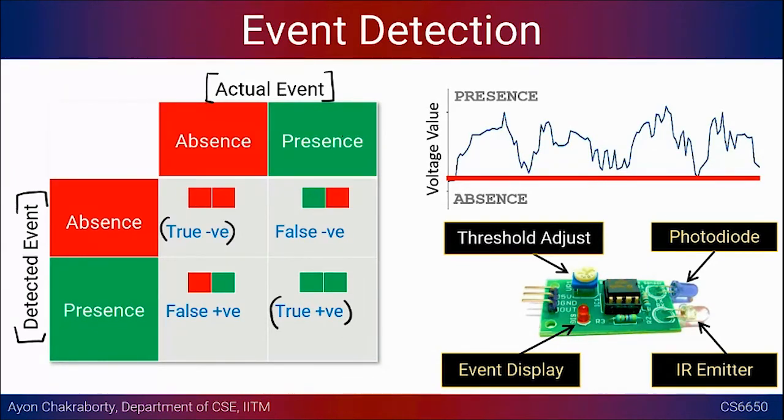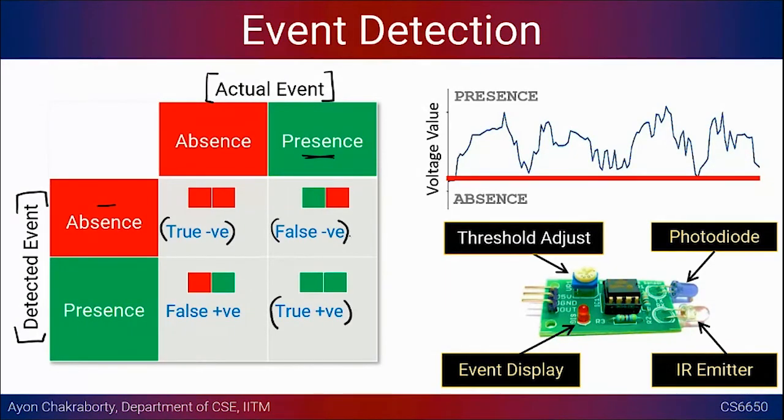One could be that the person was really present, and my sensor thought he is absent. So it has falsely told it is negative. So it is a false negative. It's actually positive because the person was present, but it has falsely told that the person is absent.